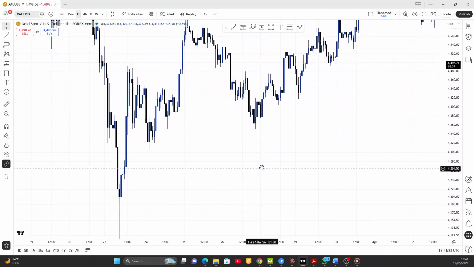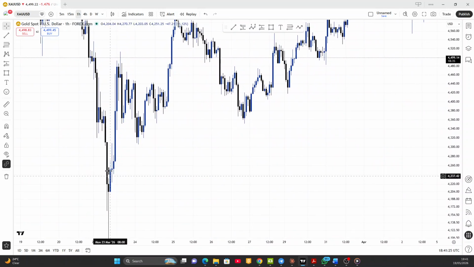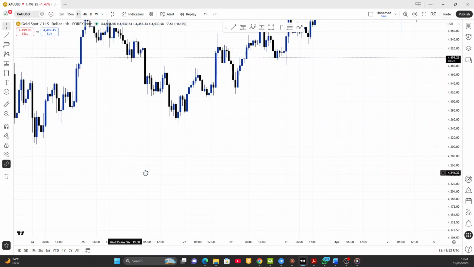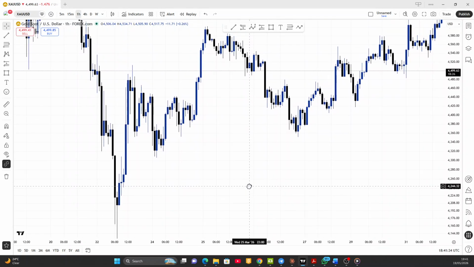Okay, so we see the movement here. We see candle 1, we see candle 2, and then we see candle 3. Let me zoom it out so that you can see it clearly. So we see a 3 candle formation here, 1, 2, and then 3.